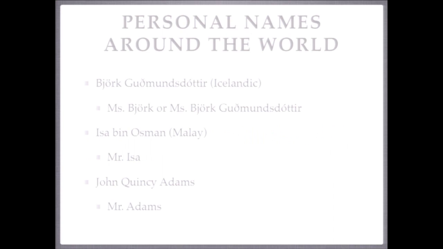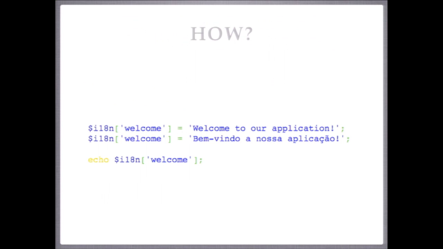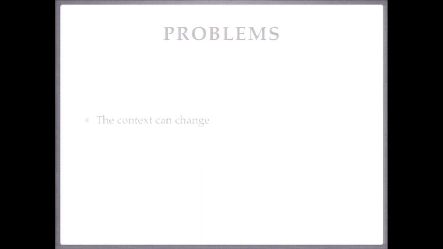But how to do this in CakePHP? You just need a big array of keys and just print it, right? No. Because that has some problems, like context can change. Maybe you can use a translation on certain parts of the website, but not everywhere. The context can change.